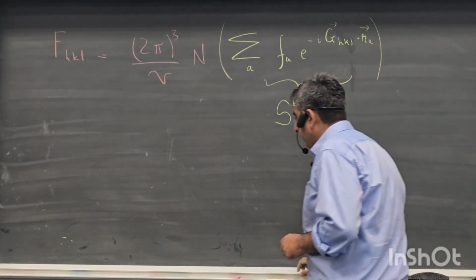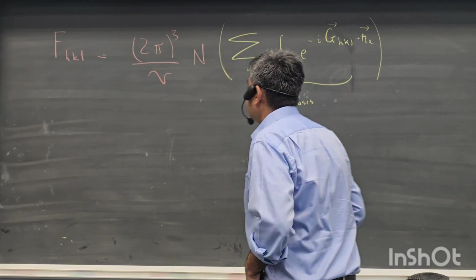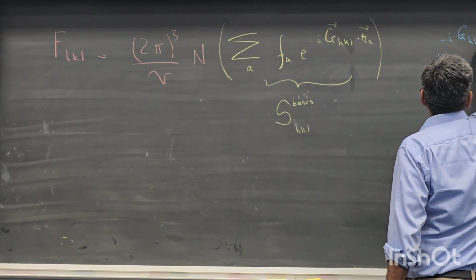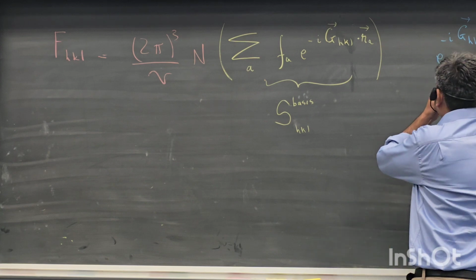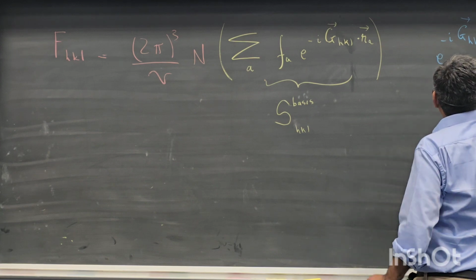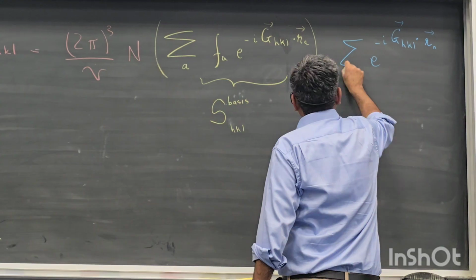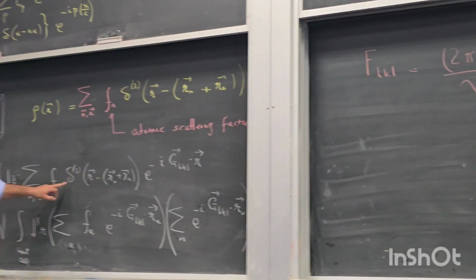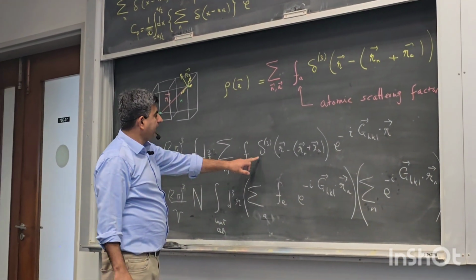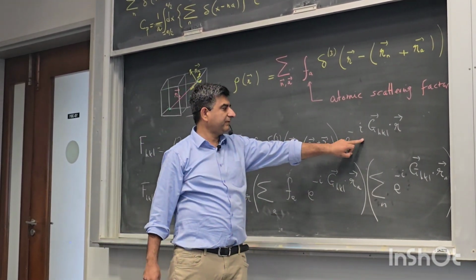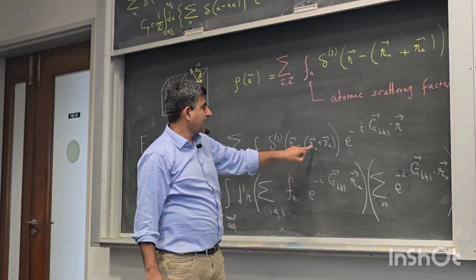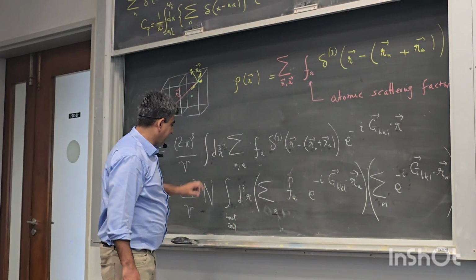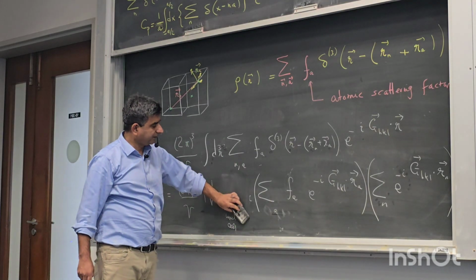And you multiply this with e to the minus i G_HKL dot R_n. Now when I applied the sampling theorem here, this R is replaced by R_n and R_a, then actually this integral also goes away.